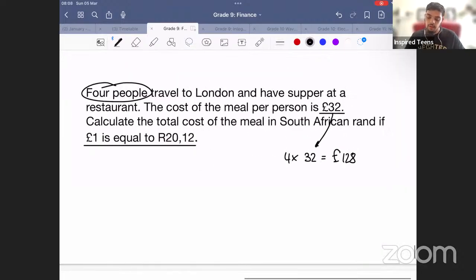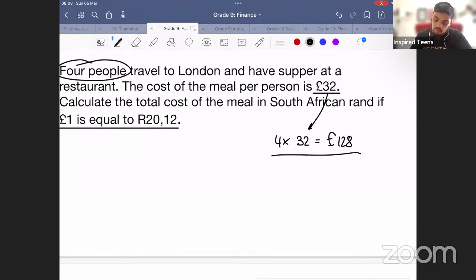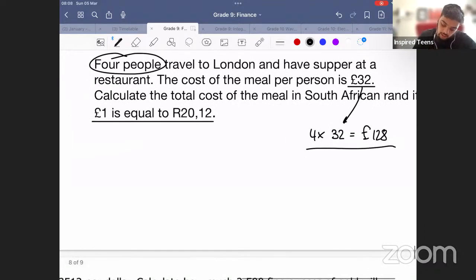Now since we have the total cost in pounds, we can just create our pound to rand ratio. So remember, we are doing pounds over rands. Doesn't really matter as long as you keep it constant.